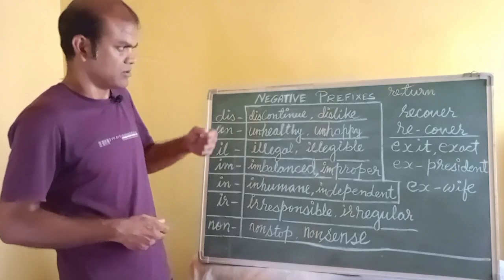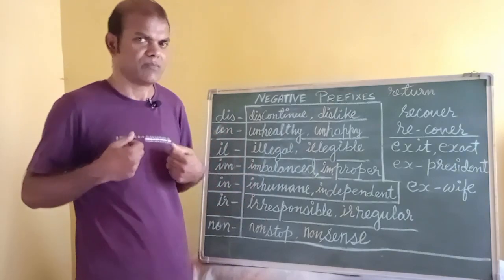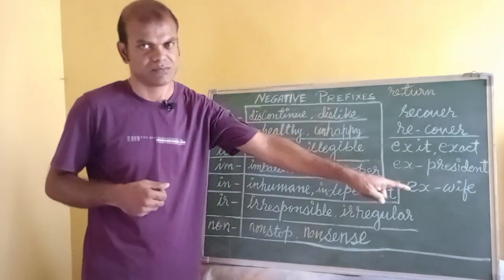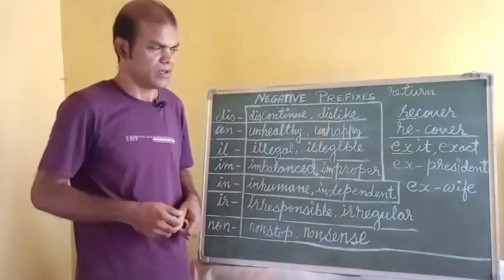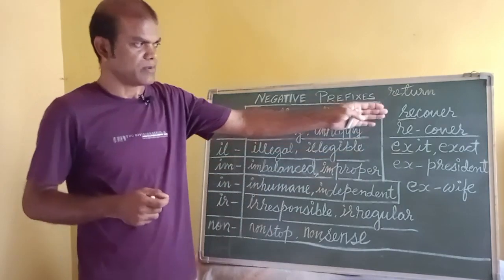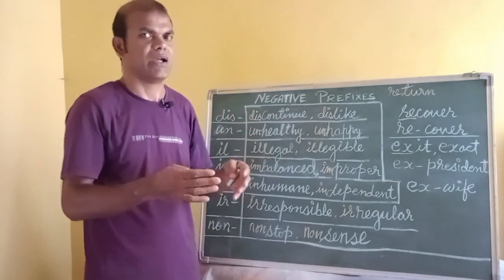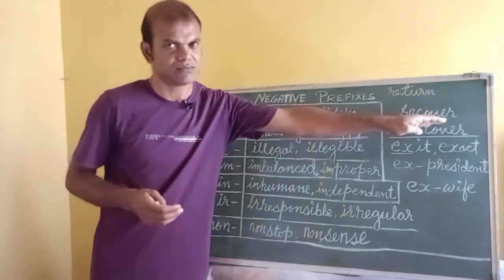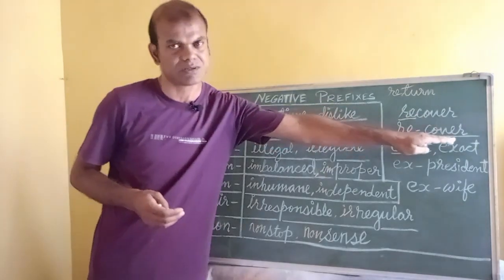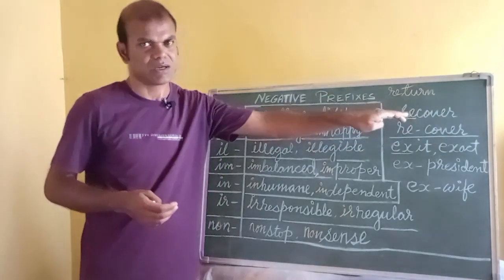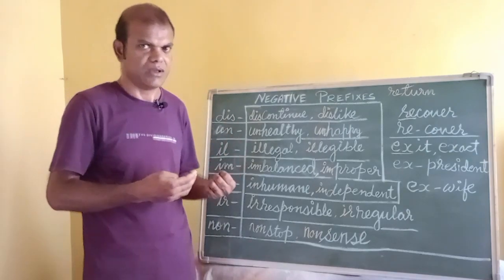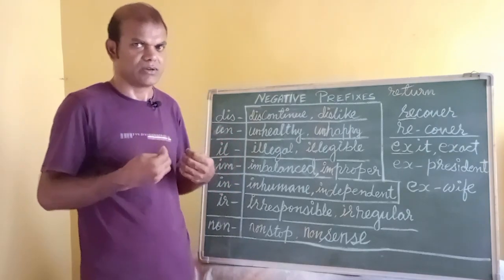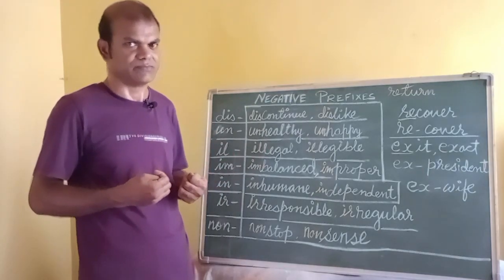Okay, so some things which we have to keep in our mind are these prefixes re and ex. Now you have to remember, sometimes there are two same words but they have different meanings. Recover is different and this re-cover is different. This recover is to get better. Like say I underwent an operation, it took 2 or 3 months for me to recover from that operation, now I am better.